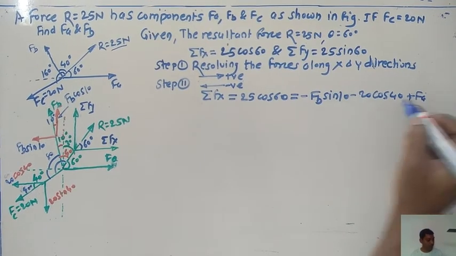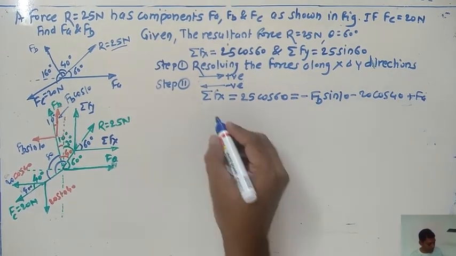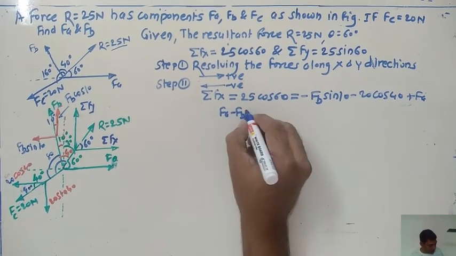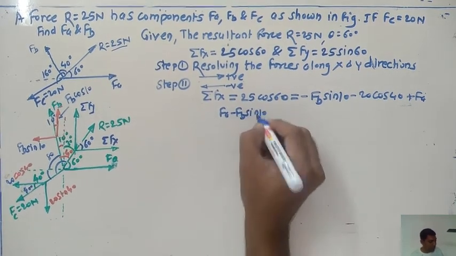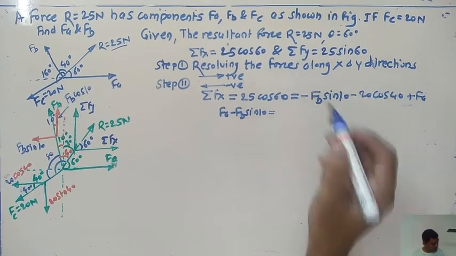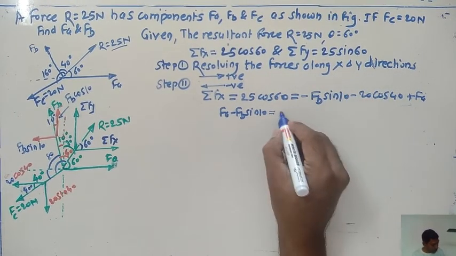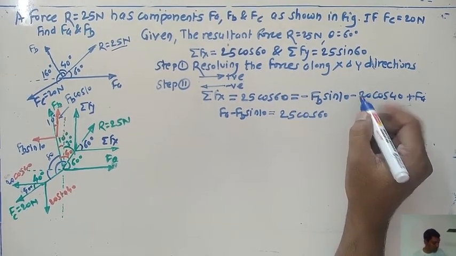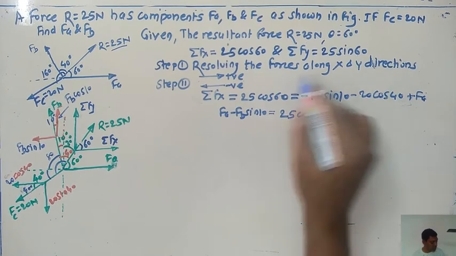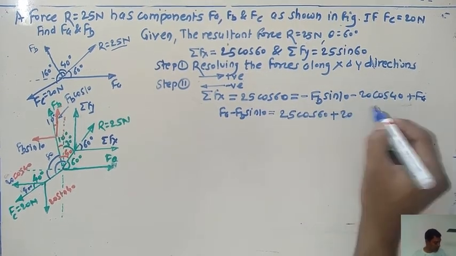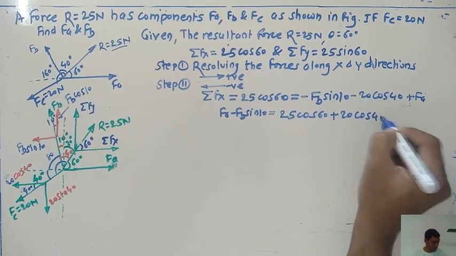So we can get this equation: FA minus FB sine of 10 degrees equals, taking this term to the other side, 25 cos 60. Here is the minus sign, which means when this moves to the other side, it automatically becomes positive: 20 cos 40.